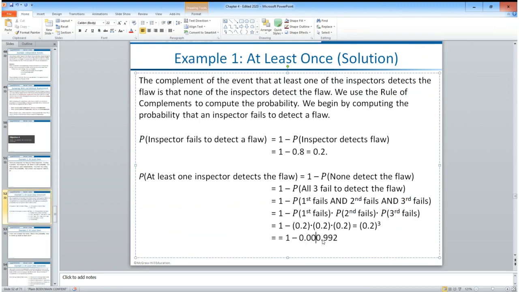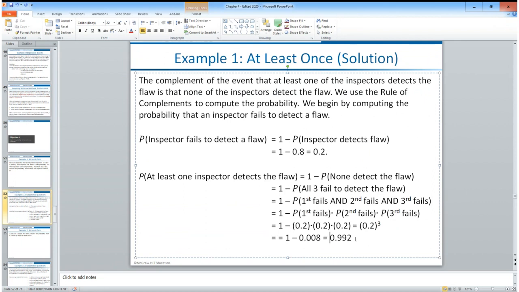I tried to write that it was equal to 0.08, but 0.2 times 0.2 times 0.2 is 0.008, multiplying 3 times. So 1 minus 0.008 is 0.992.